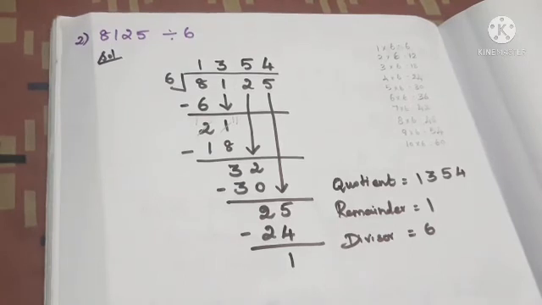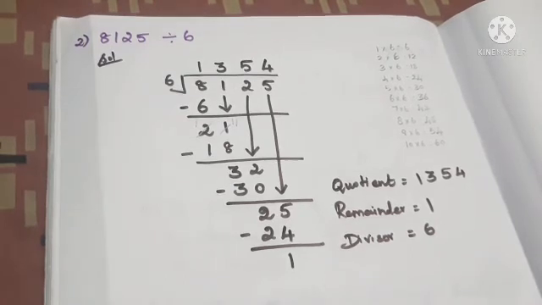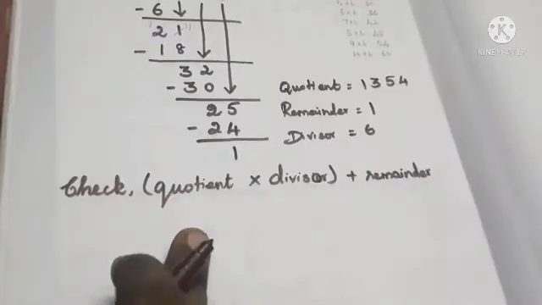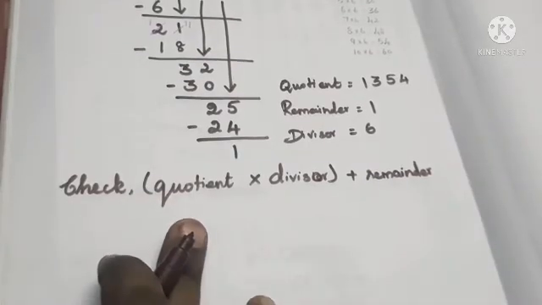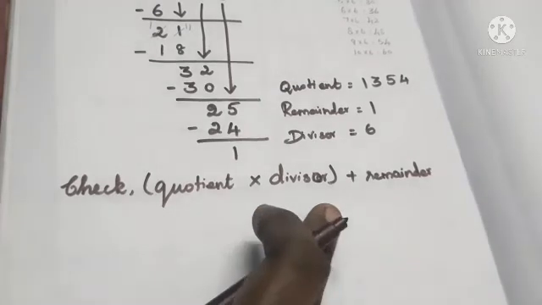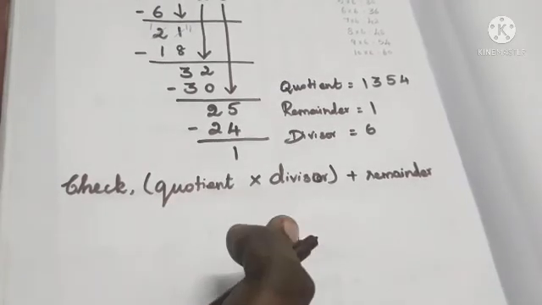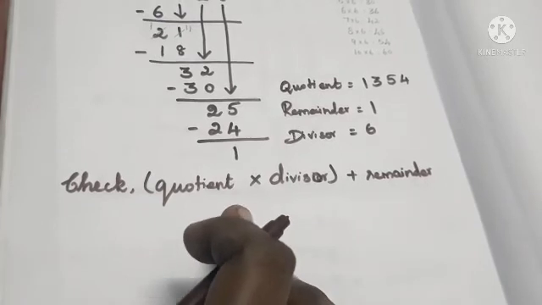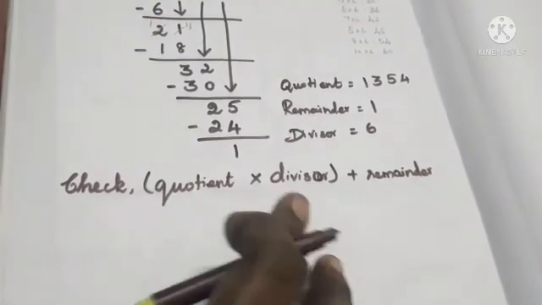If you want to do the checking, we have to write the formula first. So now I have written the formula, that is quotient into divisor. We write it inside the bracket, then plus remainder. Now we substitute the values of the quotient, divisor, and remainder. What's the quotient?